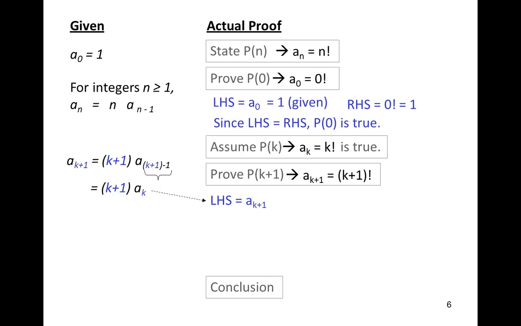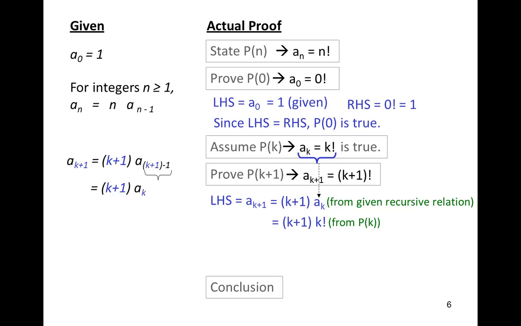Now, since we have assumed that a sub k is equal to k factorial from p of k above, we can replace a sub k and end up with bracket k plus 1 times k factorial. But k factorial can be expanded, and the whole expression should equal k plus 1 whole thing factorial, which in turn is equal to the right-hand side of the property.